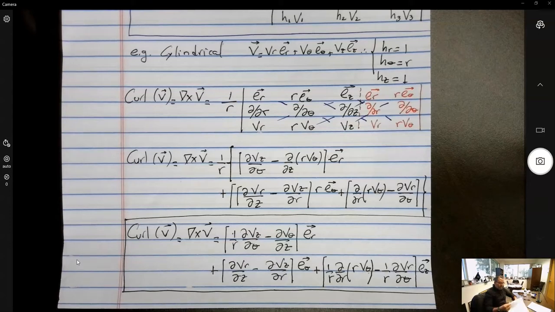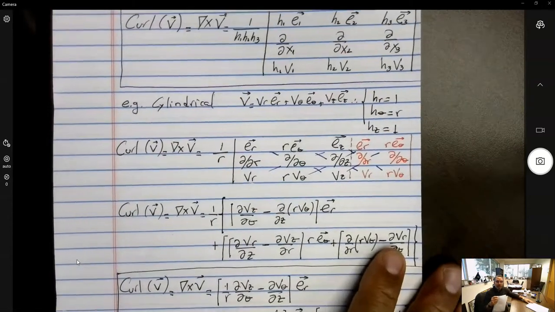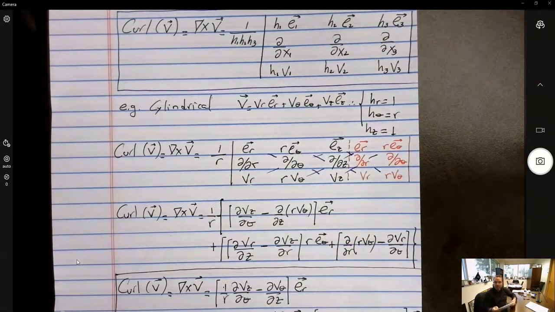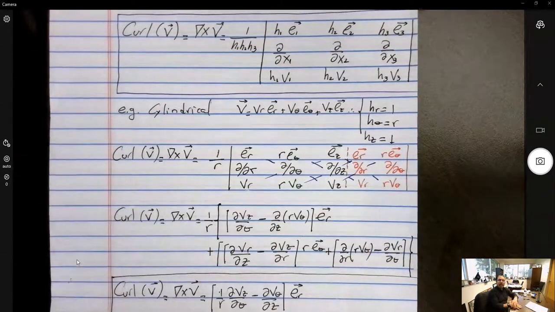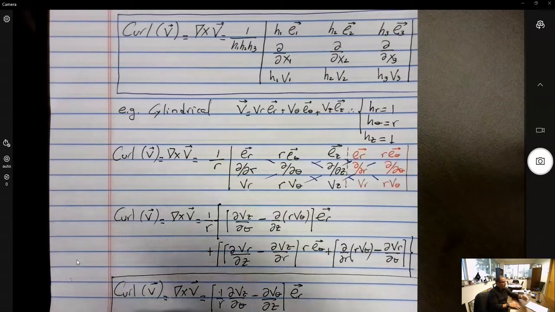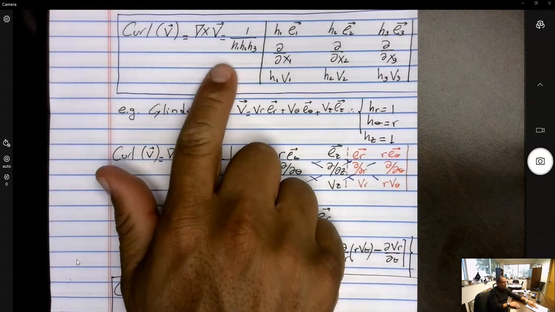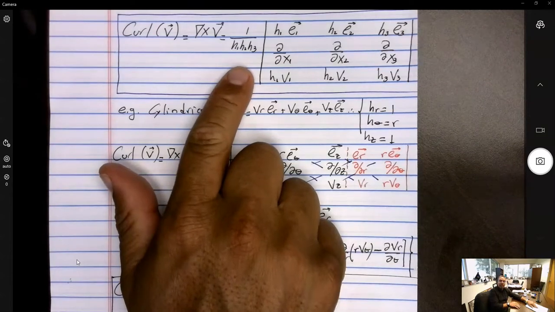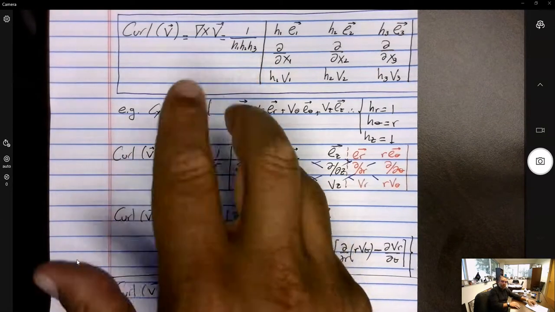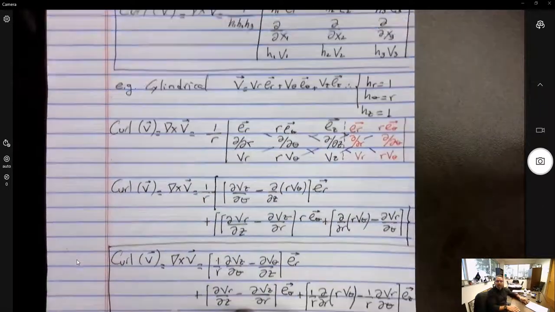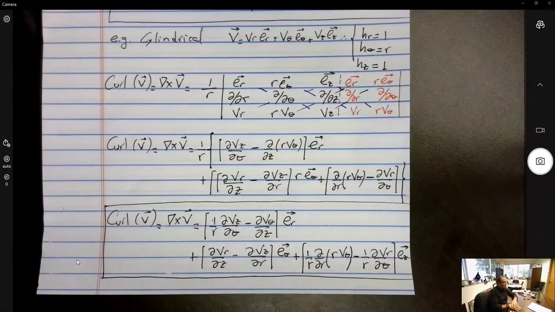But as you can see, these expressions are not trivial. The expression that comes out of this equation for the curl is not necessarily trivial, and it can get very complicated depending on the coordinate system itself. You'll see that if you do this for the spherical system, where h1 is equal to 1, h2 is equal to r sine theta, and h3 is equal to r, this takes on a much more convoluted form.